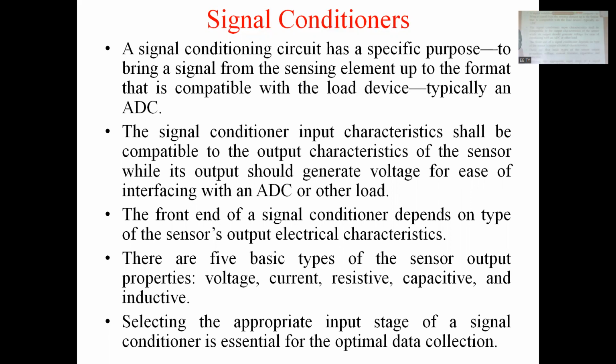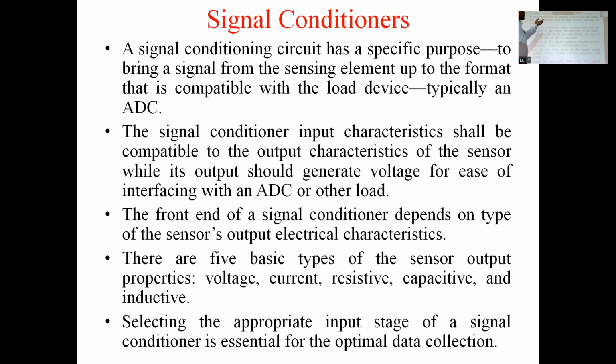So the sensing element or sensor, the signal it senses, what do we do with it? Bring it, to bring the signal from the sensing element up to a format which is compatible with the load device. Whatever format is compatible for the load device, the load device is nothing but the analog to digital converter.